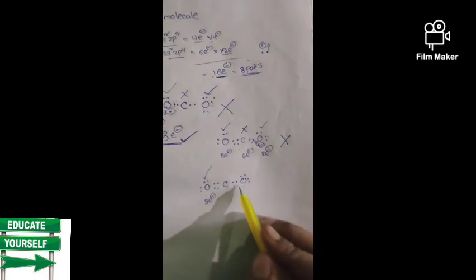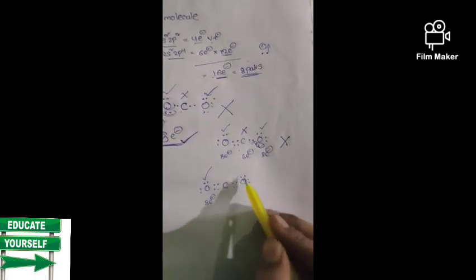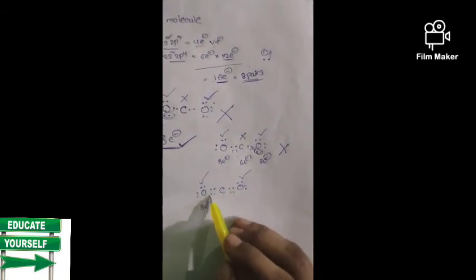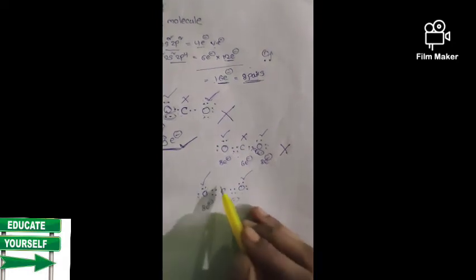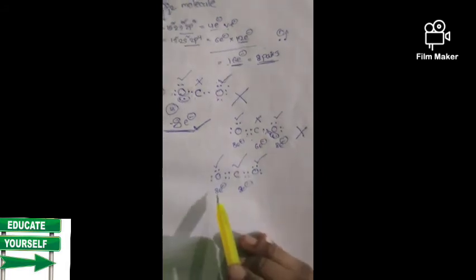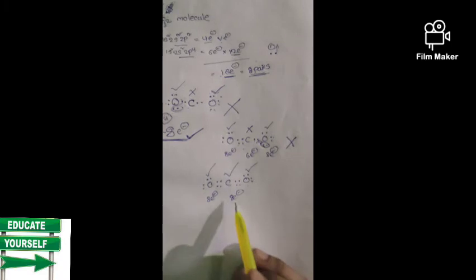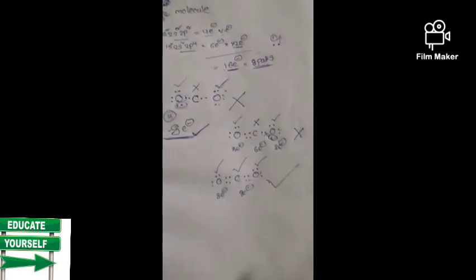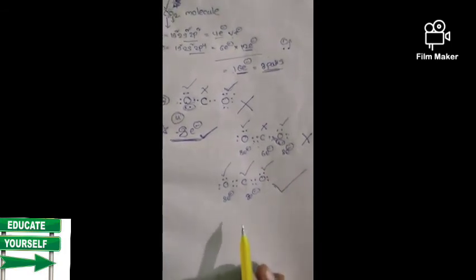This oxygen atom also, 1 to 8, got octet configuration. For the carbon atom, 1, 2, 3, 4, and this side also 4. Total 8 electrons, so this also got octet configuration. So all 3 atoms got octet configuration. This structure is correct, and this is the Lewis dot structure for the CO2 molecule.